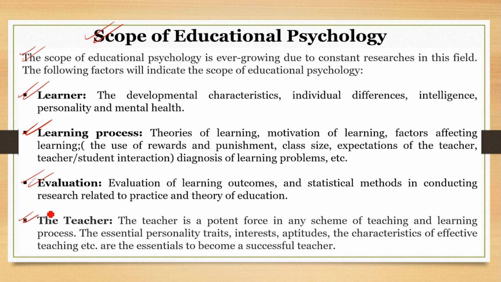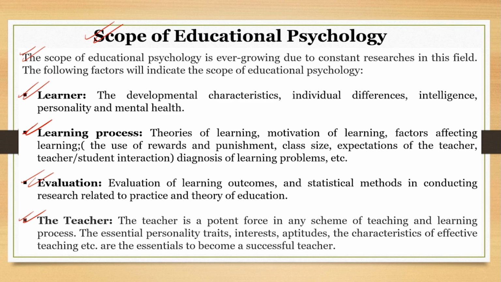And the fourth scope is the teacher, where the teacher is a potent force in any scheme of teaching and learning process. The essential personality traits, interests, aptitudes, the characteristics of effective teaching, etc. are the essentials to become a successful teacher. So these are the four areas which form the scope for educational psychology.